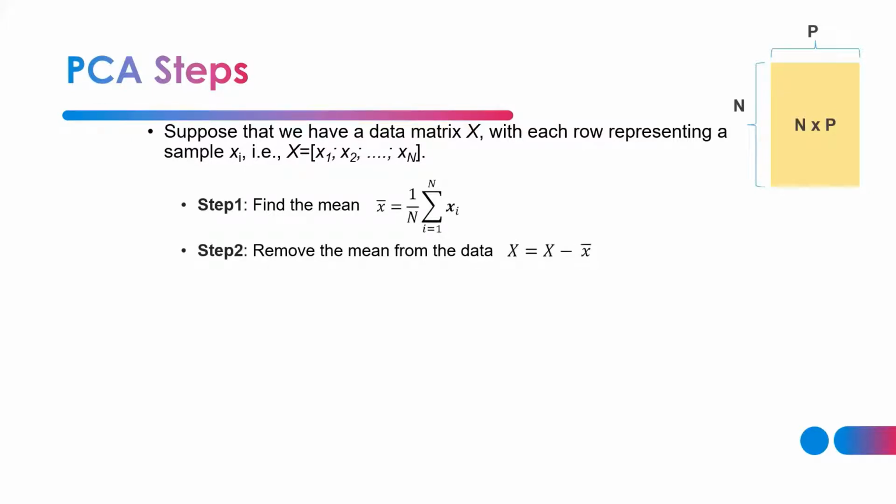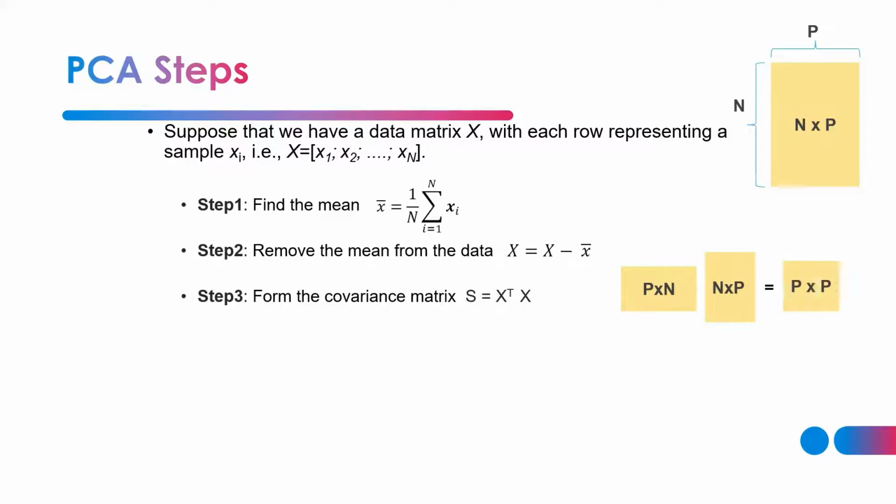Subtract x bar from x, which is the total data matrix. Then form a covariance matrix, which is S, as we defined earlier, by multiplying x transpose times x. Originally x was n times p. We are looking at x transpose, so it's p times n, multiplied by n times p. You end up with a matrix that is actually p times p.